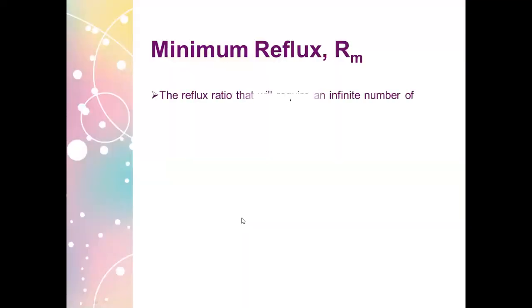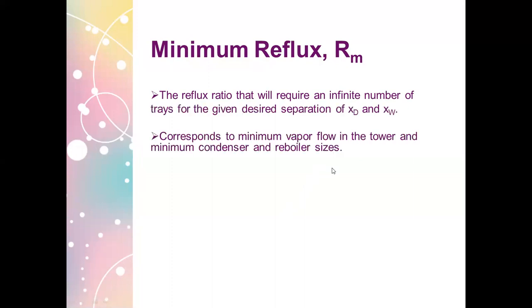Now, we also have a condition of what we call minimum reflux, represented as R sub M. And this is when the reflux ratio is producing an infinite number of stages. So meaning at this condition, it's impossible for us to determine the number of stages for our column.